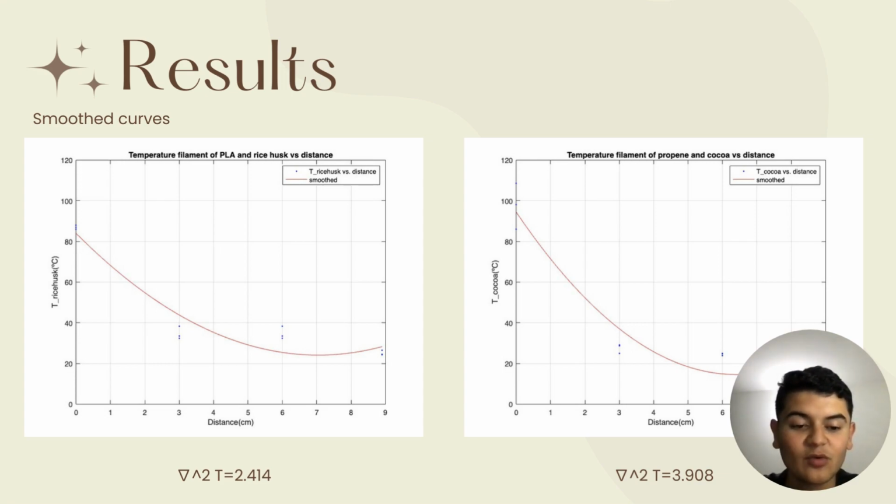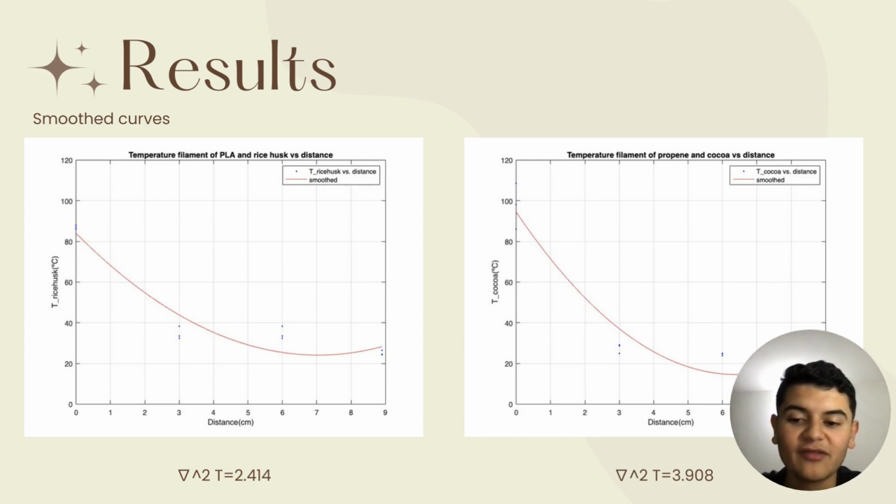This data is quite important when estimating the conductivity. It is also important that the red line in both graphs is the smoothed curve, and the blue points in both graphs are the real points of the graphs.